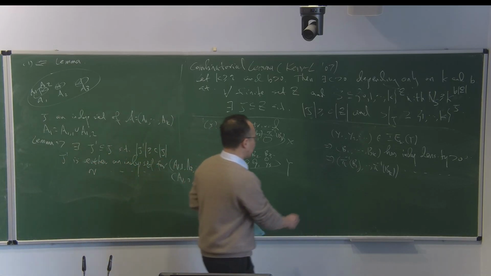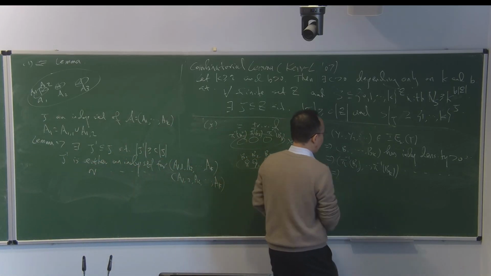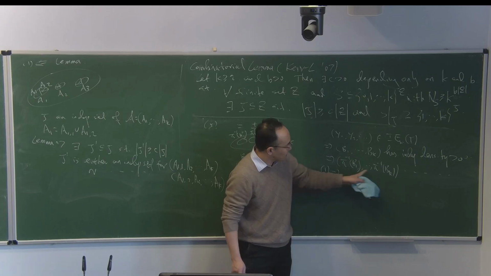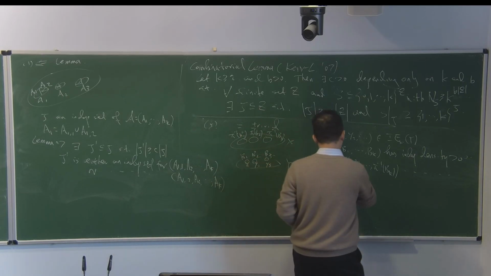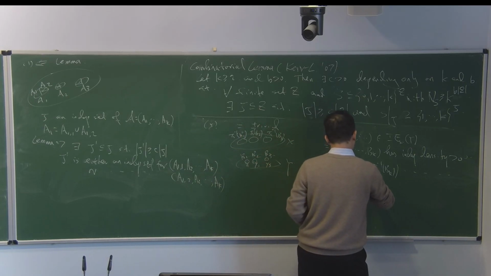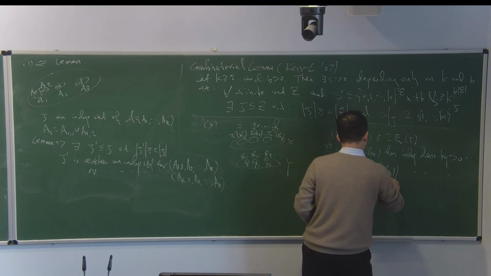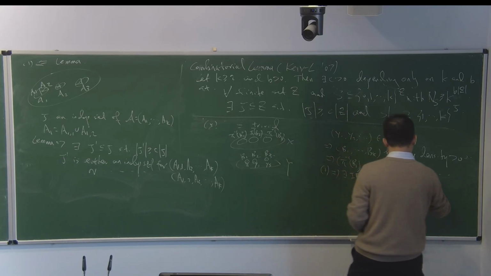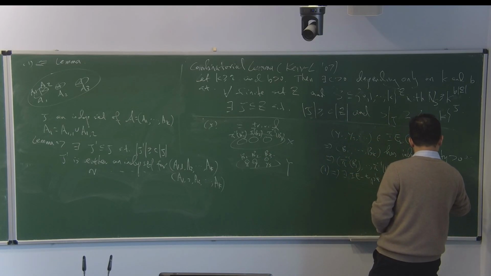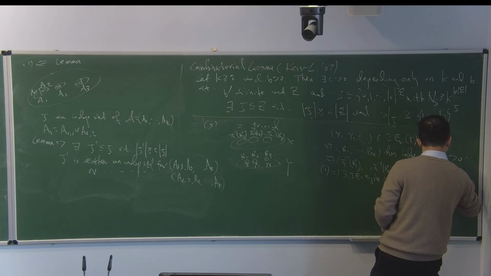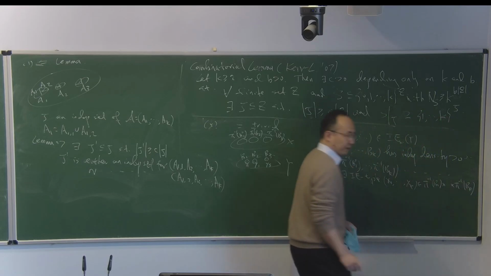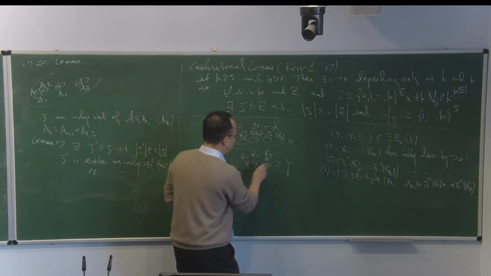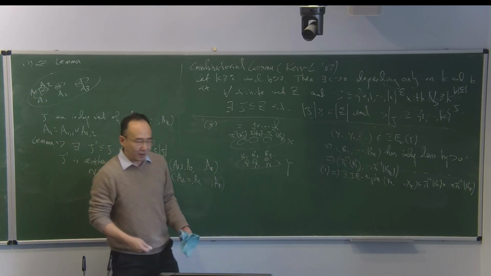Then you use part 1 to get that there is one I tuple for x with coordinates inside of these guys. But then their image will be inside of these guys. Okay, and that's why it is an I tuple.